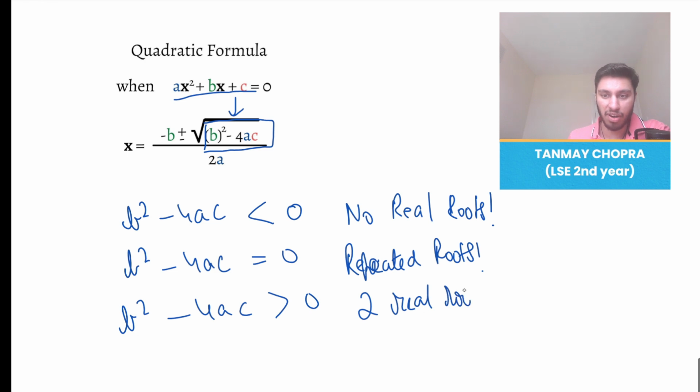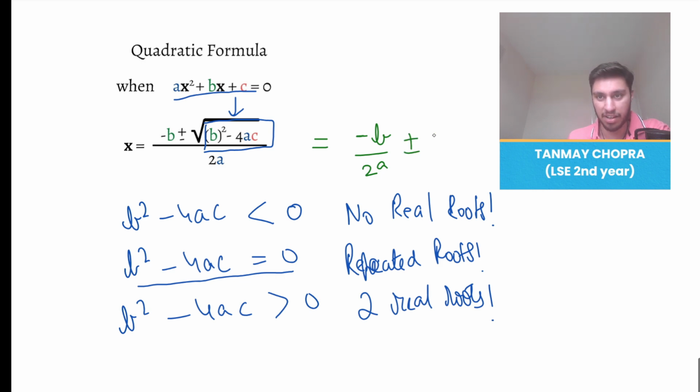Now we can think about why that happens. If b squared minus 4ac equals 0, then the quadratic formula is just left as -b over 2a, right? And plus or minus disappears. So plus or minus 0, right? It doesn't make a difference.